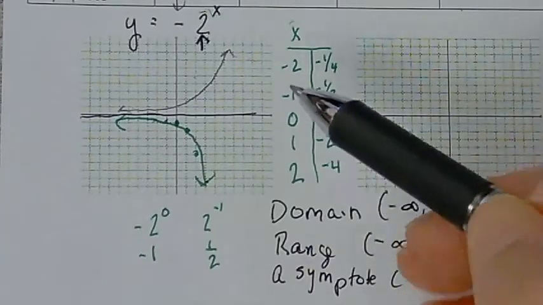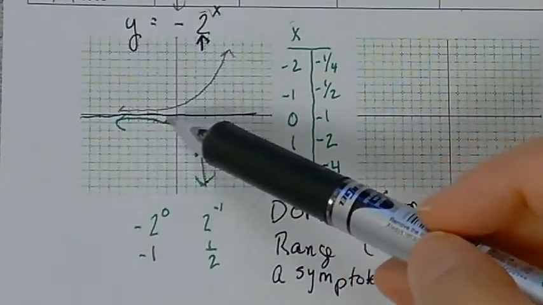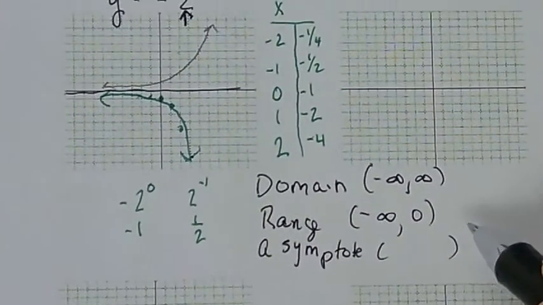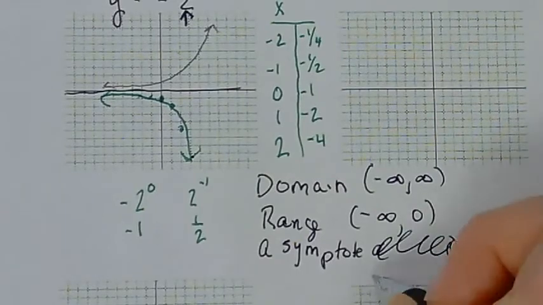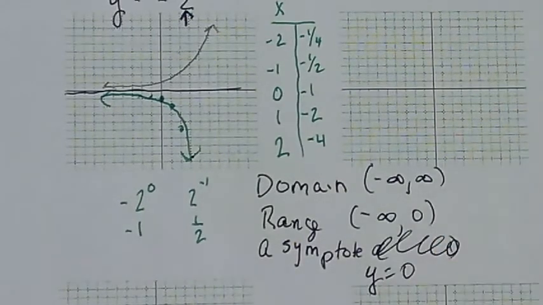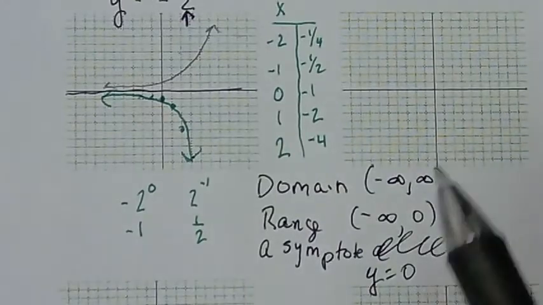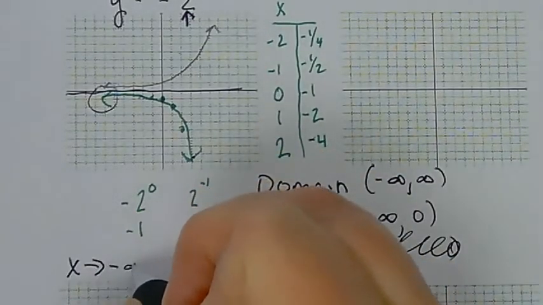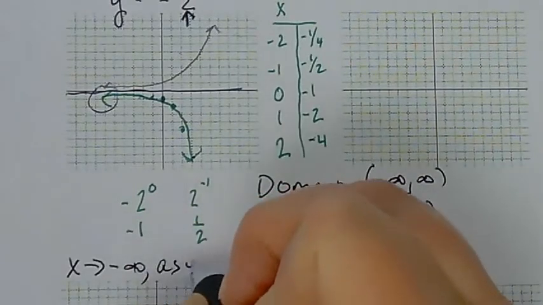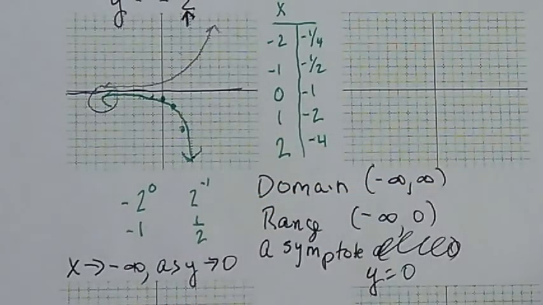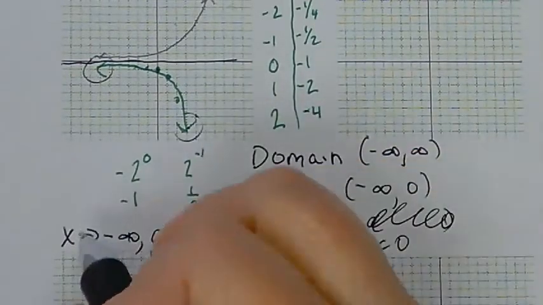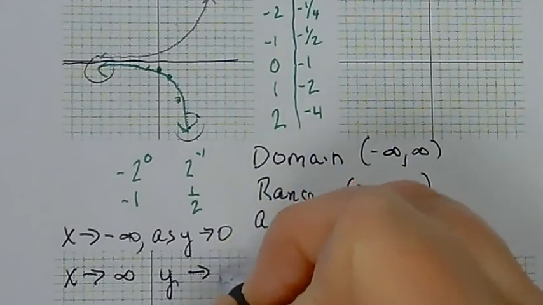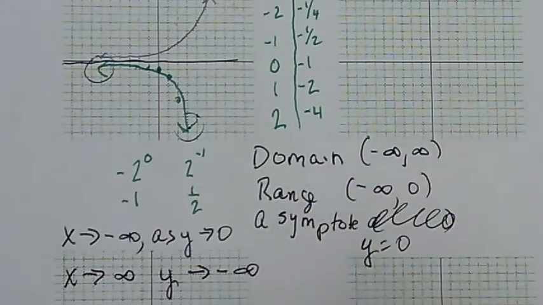The asymptote is the line that this graph approaches but never touches, and it's going to have the same asymptote as its reflection. The asymptote for this, an asymptote is an equation, is at y equals 0. Let's think about the end behaviors. This end, x is approaching negative infinity as y approaches 0. This end, x is approaching infinity as y approaches negative infinity.